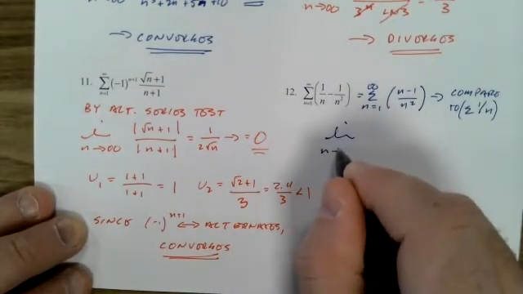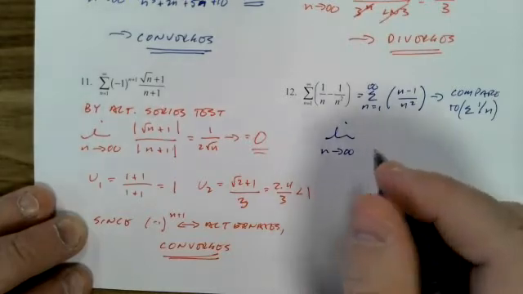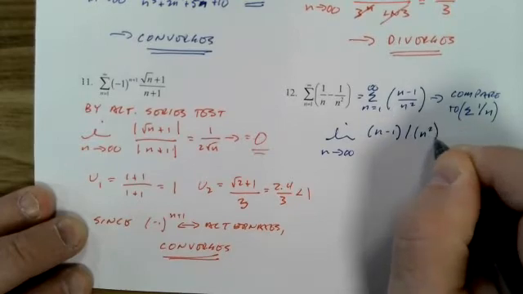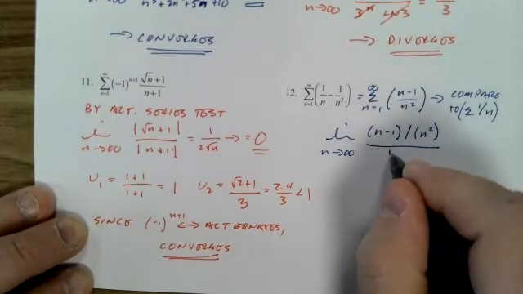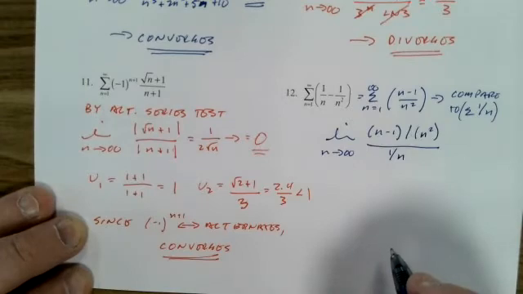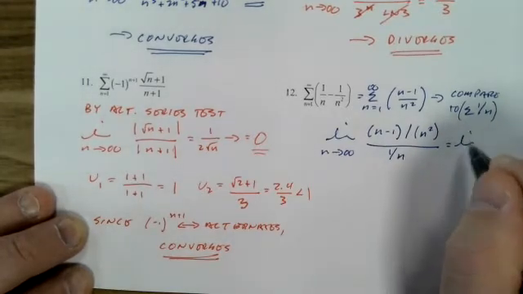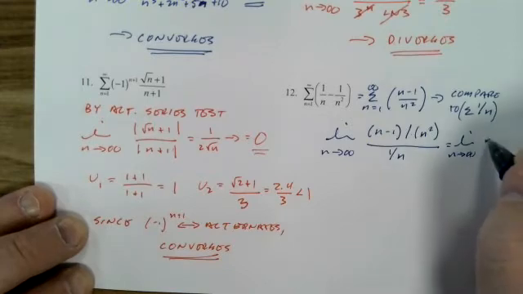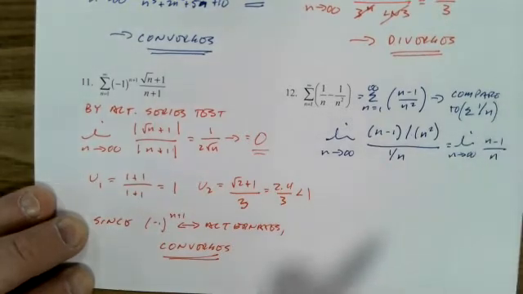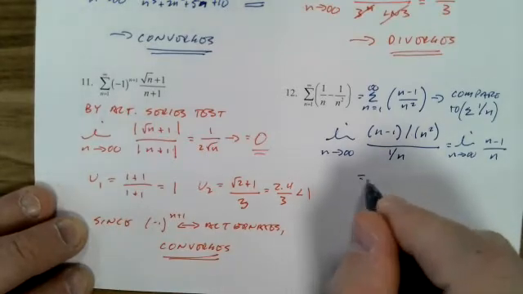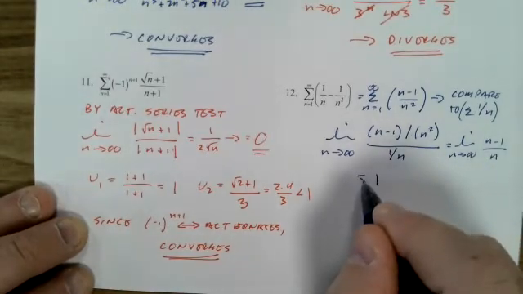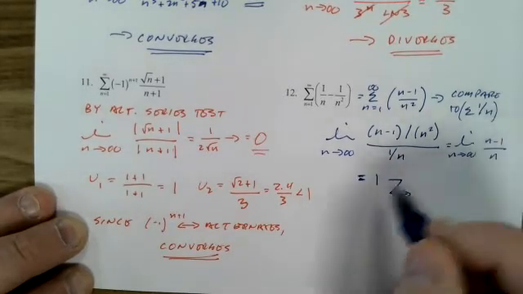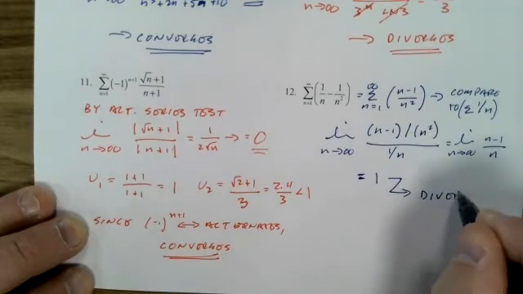Limit as n goes to infinity, n minus 1 over n squared over 1 over n, which is the same as the limit as n goes to infinity, n minus 1 over n, which equals 1. All right, that diverges, and that diverges.